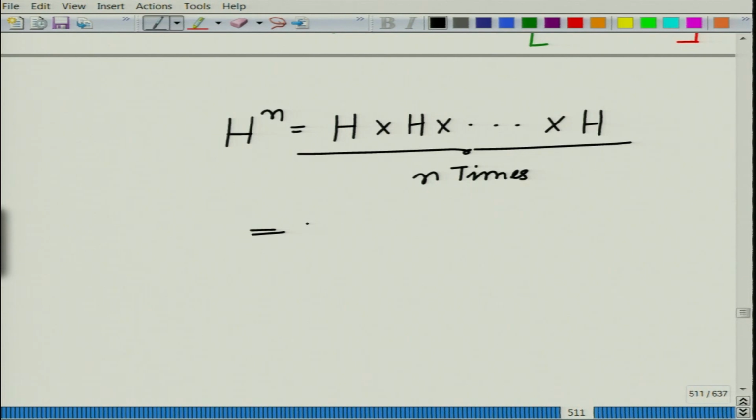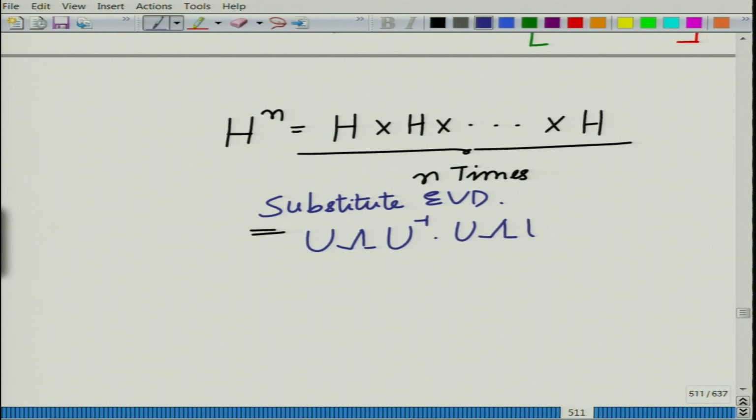Now, we substitute the EVD. This becomes U lambda U inverse, U lambda U inverse, and so on and so forth, up to U lambda U inverse.